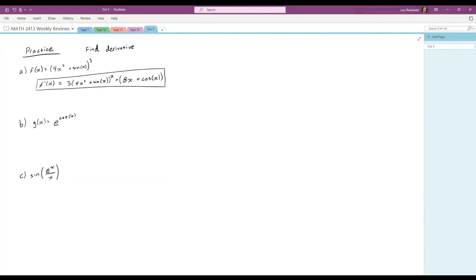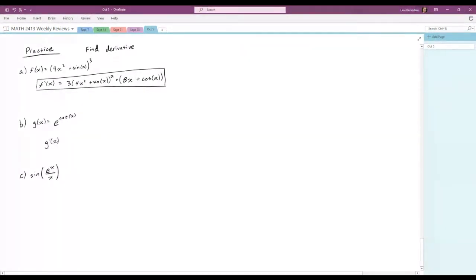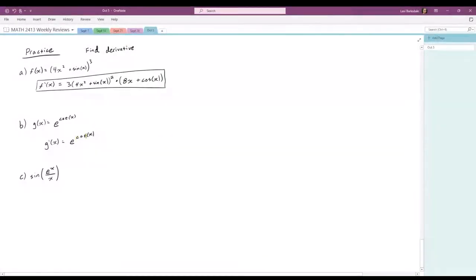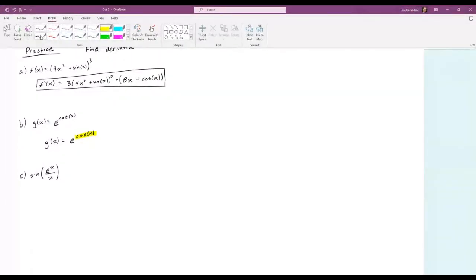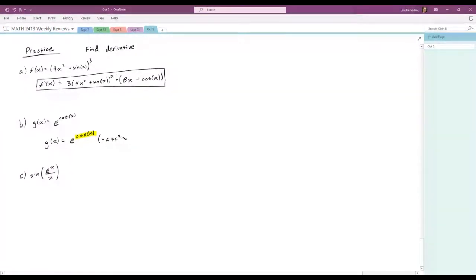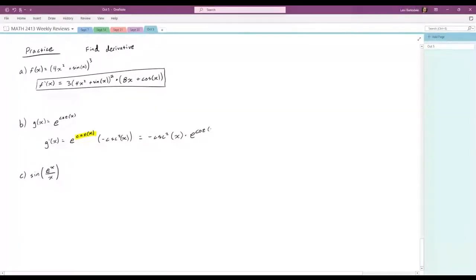So the derivative of e to the x is e to the x. It doesn't change. So the derivative of e to the cotangent of x is e to the cotangent of x, but then we have to multiply by the derivative of what's inside, and what's inside in this case is cotangent of x. So then the derivative of cotangent is negative cosecant squared x. So then our first derivative is negative cosecant squared x times e to the cotangent of x.